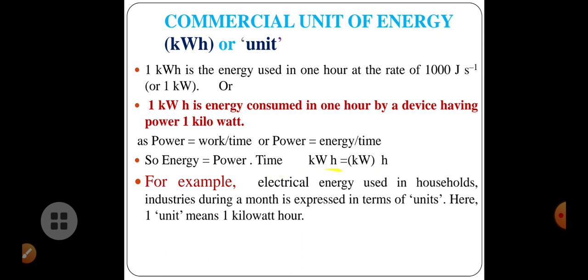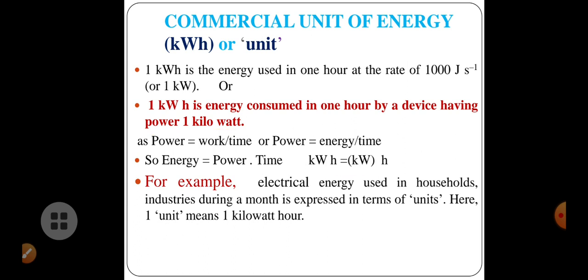So kilowatt hour, this is the bigger unit of energy, that is commercial unit of energy, power in kilowatt and time in hour. So by using this information, we can define it in another easy way, that 1 kilowatt hour is energy consumed in 1 hour by a device having power of 1 kilowatt.